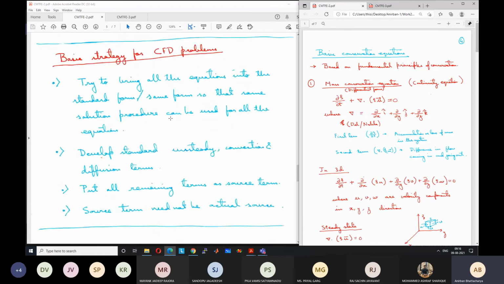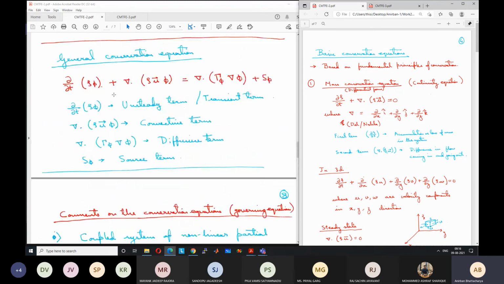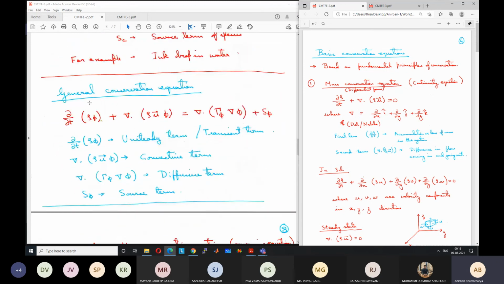So, some of the basic strategies to solve CFD problems, before we jump into the CFD problem. First, as I was discussing, if we can formulate all the equations in this form, it is very advantageous to us, because then we can just develop a general algorithm for solving this equation, and we can use the same algorithm for solving the temperature equation, concentration equation, and flow equation.